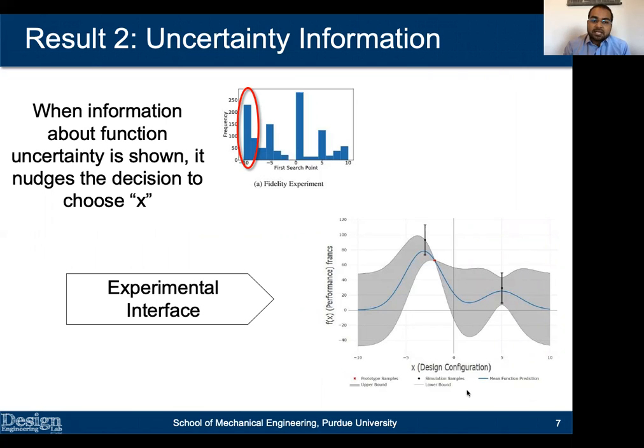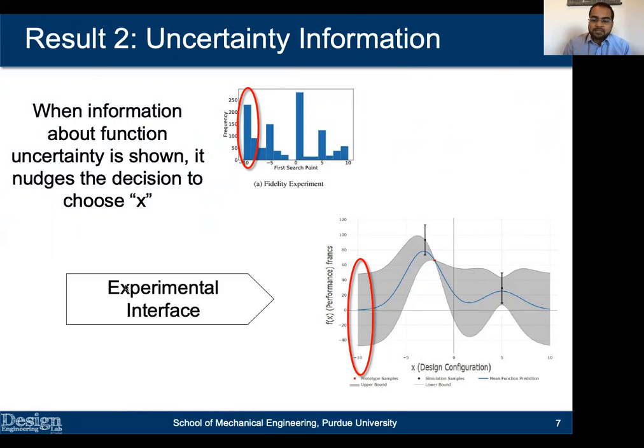They were given a screen where for any value of X that they chose, they got the corresponding information of f of X, but for the rest of the points, there were uncertainty graphs given to them. We see that when information about uncertainty is provided to participants, their decisions are nudged to minimize uncertainty and choose those points in the design space, for example at minus 10, at 5, minus 5, even at 10.